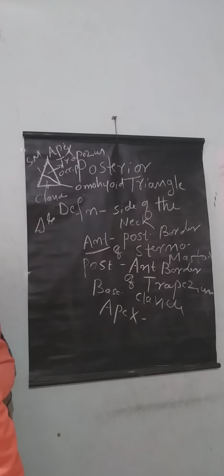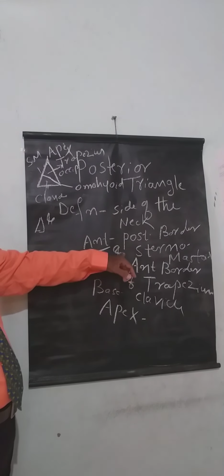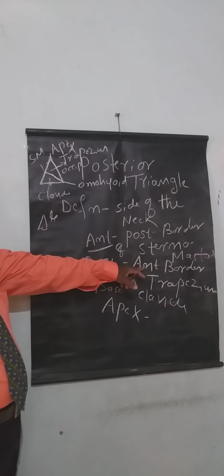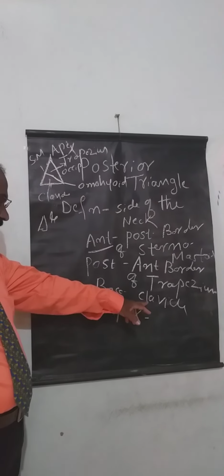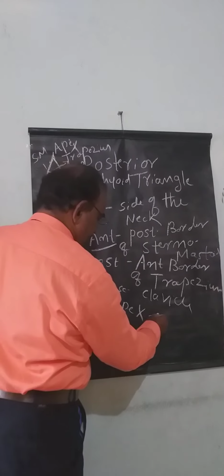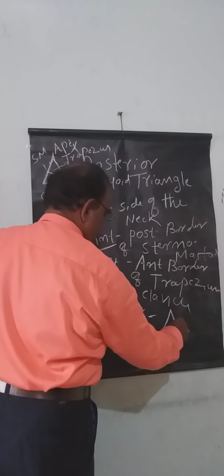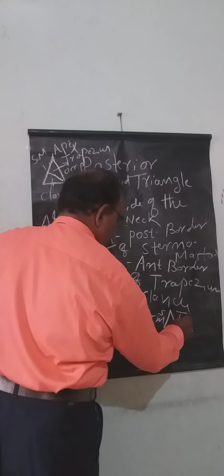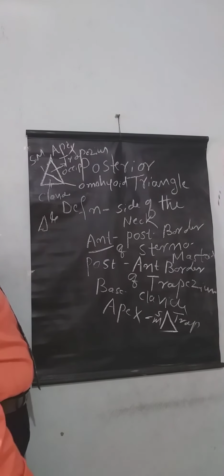Posterior triangle on the side of the neck. Anteriorly, the posterior border of the sternomastoid. Posteriorly, the anterior border of the trapezius. The base is formed by the clavicle. The apex is formed by the meeting of these two muscles, sternomastoid and trapezius.